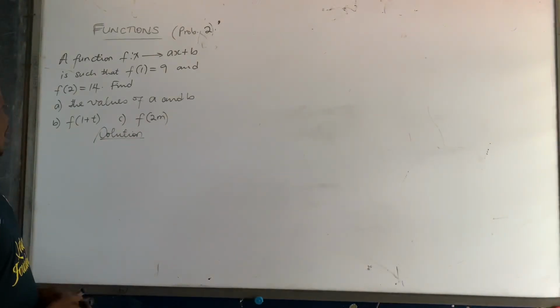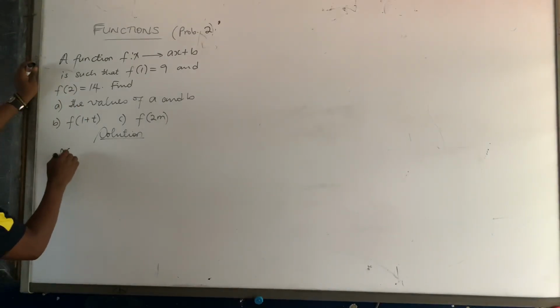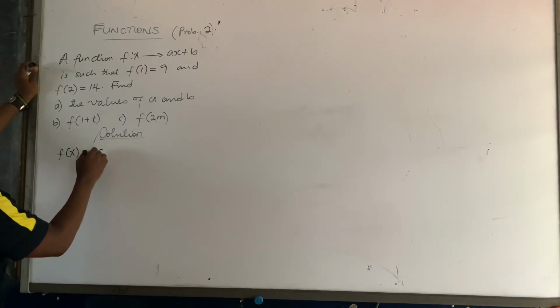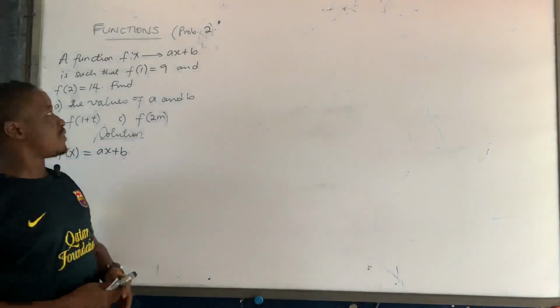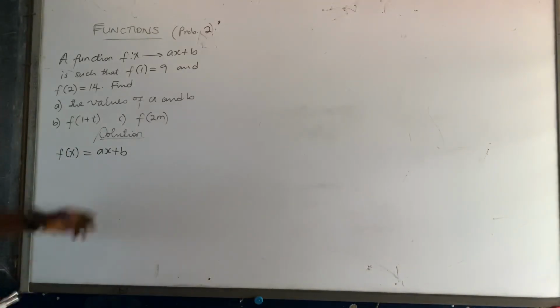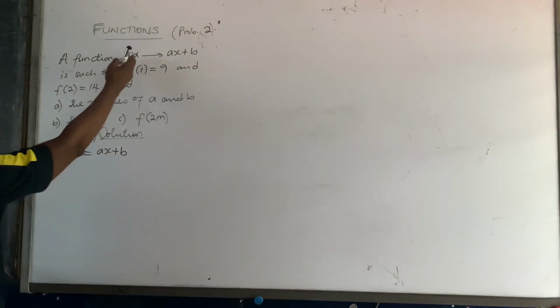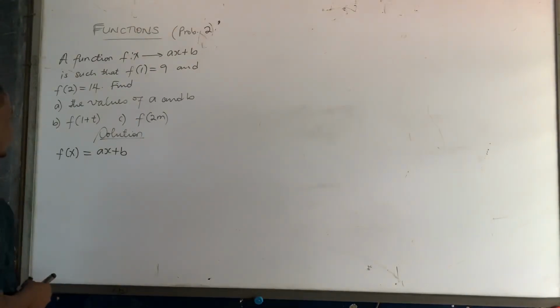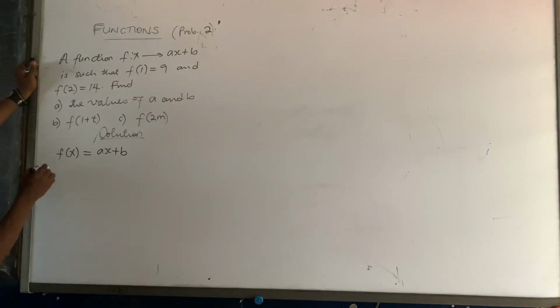All right. We are given f of x to be ax plus b. If the function is given in this notation, then we can transform it to this one, since x maps onto this one. Now, f of x is given, but we are given f of 1 to be 9.